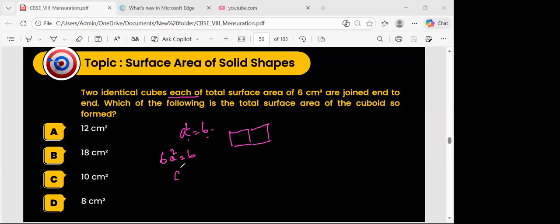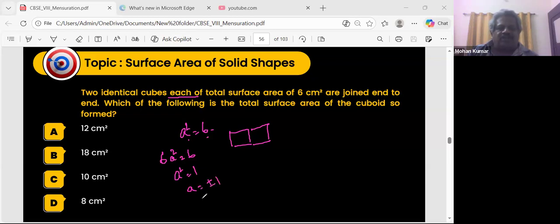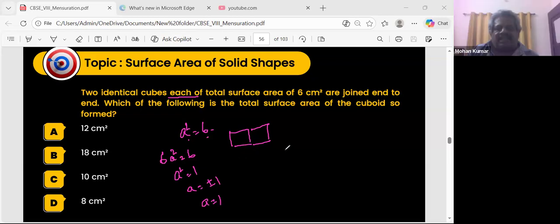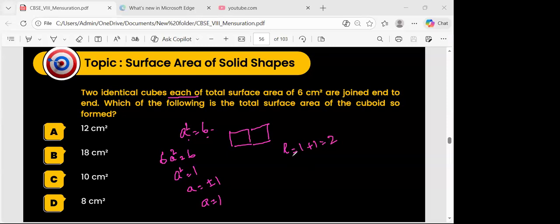Yeah, exactly. So a square equals 1. So a equals plus or minus 1. So we'll take a equals 1. Accepted? So we have L equals 1 plus 1, that is 2. Right?